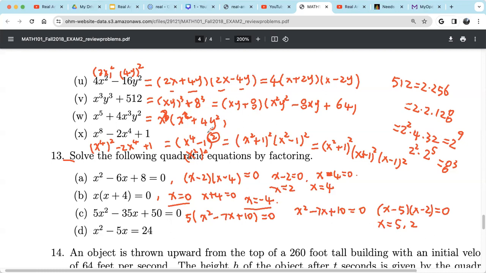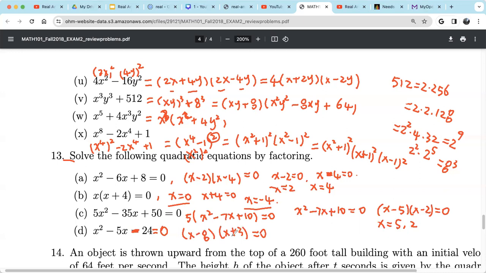Now let's see for D. For D, first we want to move -24 to the other side, so it becomes positive, then the right-hand side becomes 0. So we think about two factors of -24 that add up to -5. There has to be 8 and 3, right? -24 means the two factors, one is positive, one is negative.